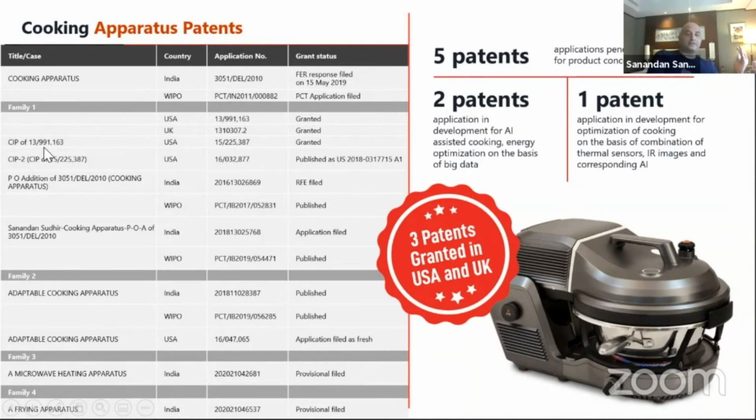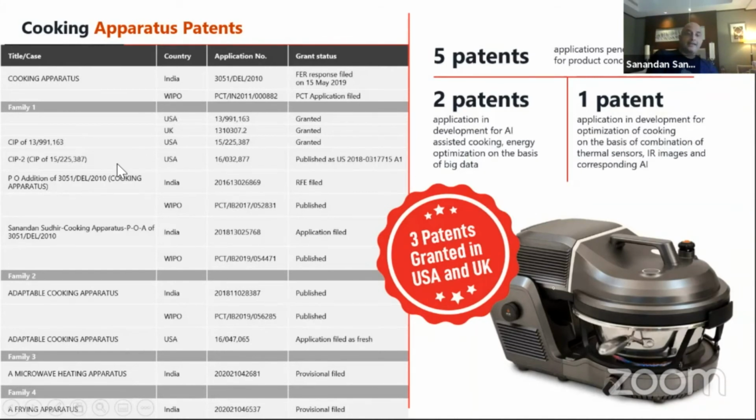And then we have some CIP applications, which are continuation in part, which means we're improving the product and filing more patents. These initial patents are all granted, and some of them are published, and some more are getting granted in the near future, and some provisional is filed. And then you are looking at filing more applications as you focus on AI and understanding of thermal sensors and IR images and how you're putting that together and so on.